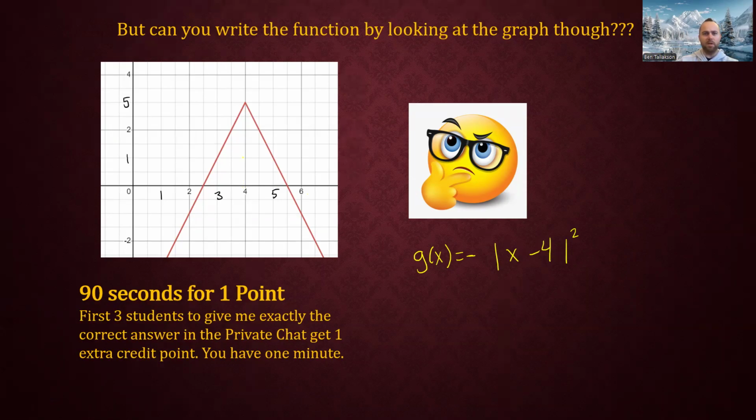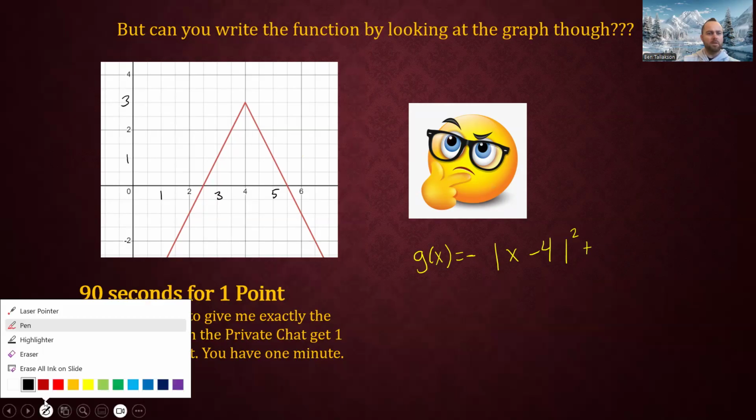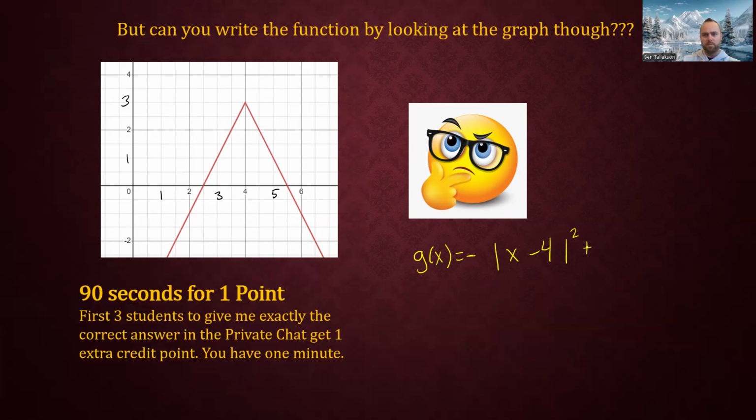And then we went up. Up how much? Or wait, where did I get 5 from? That should be 3. Whoops. Let's make that a 3. And here we go. Plus 3.